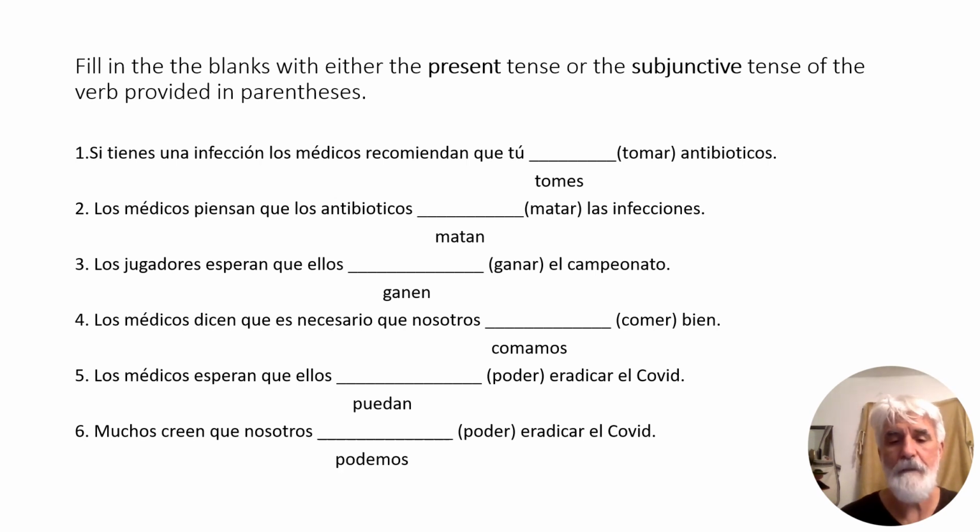Just the present tense, right? They believe that's not any sort of recommendation, it's not any obligation, it's not any wish, they just believe it. So it's a simple present tense. Muchos creen que nosotros podemos, present tense, erradicar el COVID.